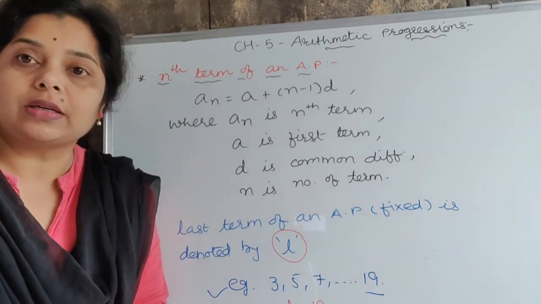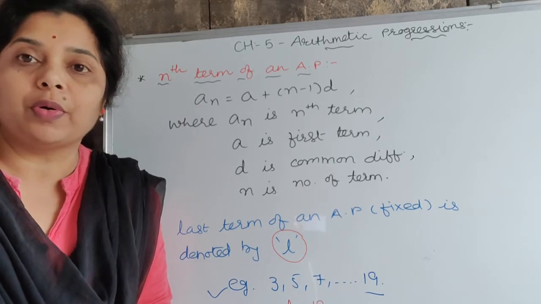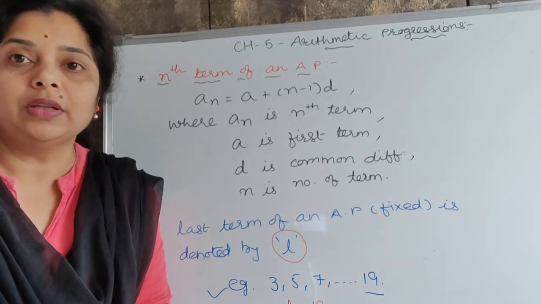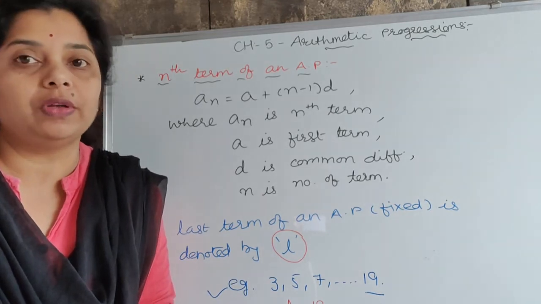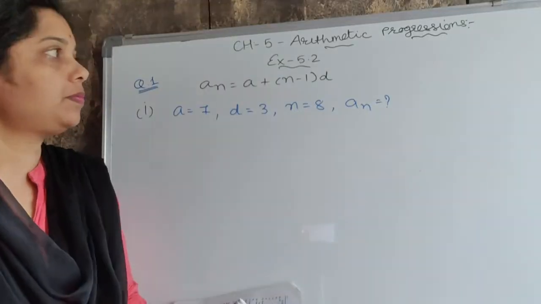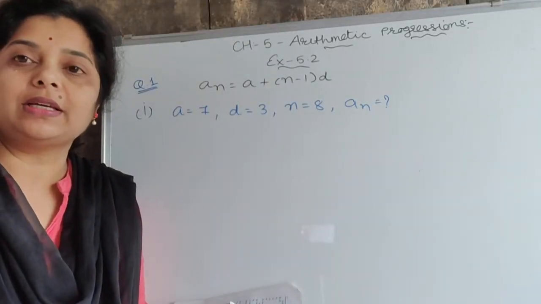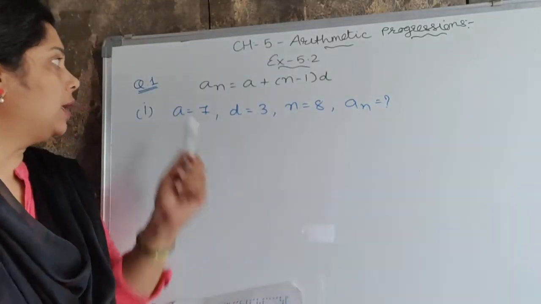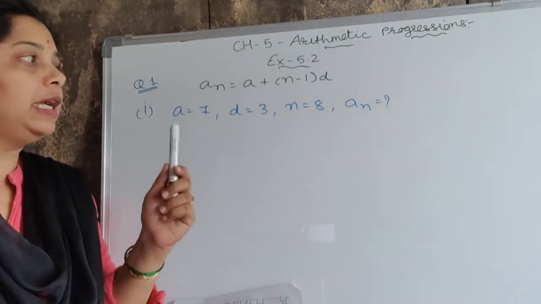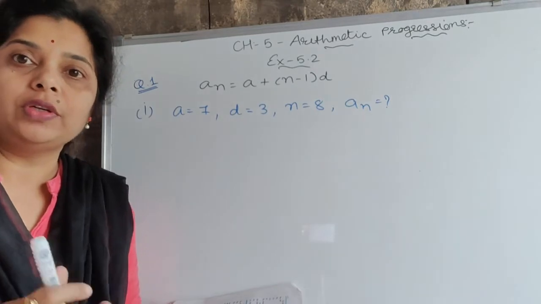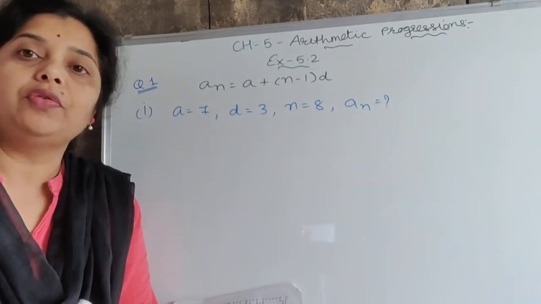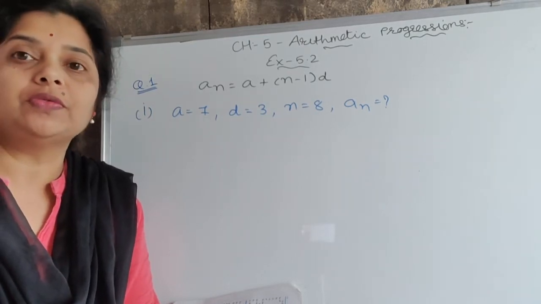So let's continue exercise 5.2. In that, the sums are related to finding the nth term of a given AP. In the first question, out of the four characters a, d, n and an, any three values are given and you have to find the fourth value.